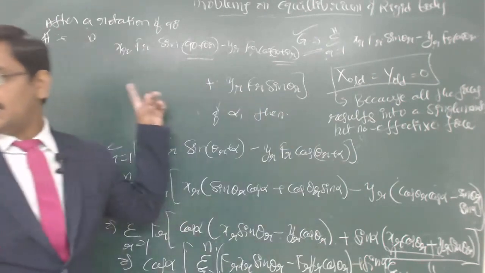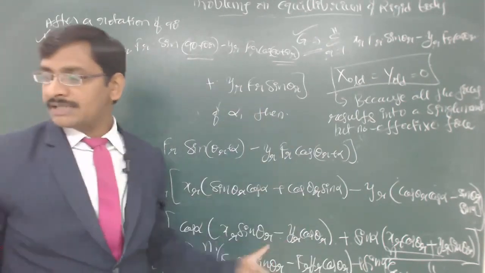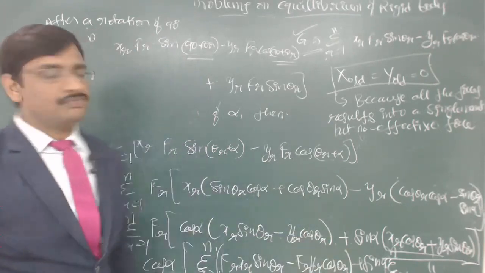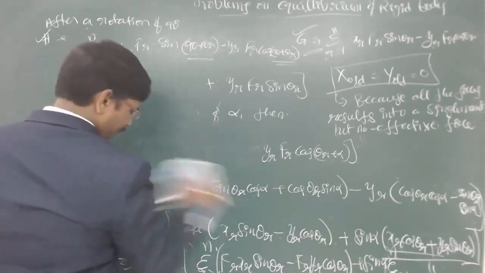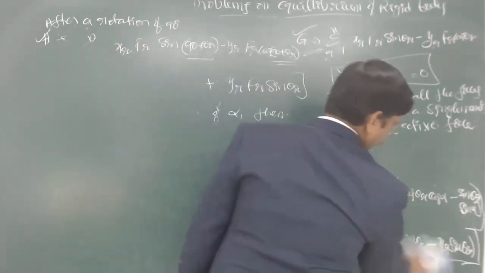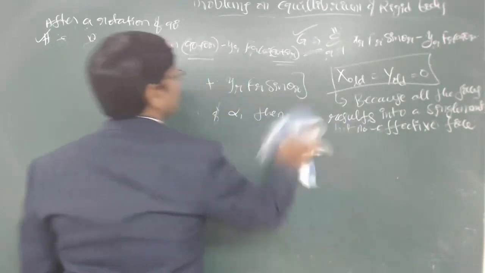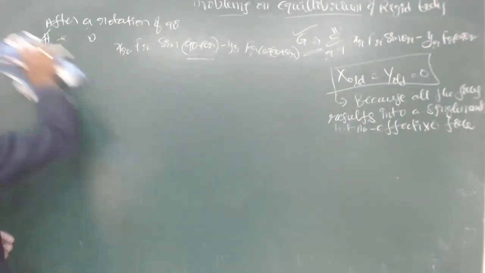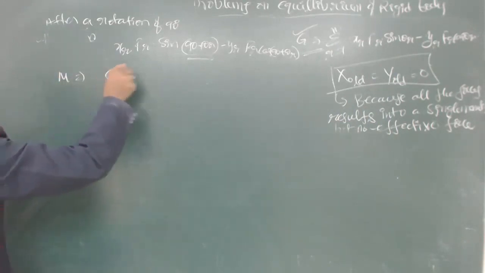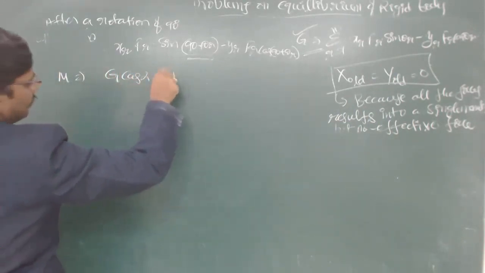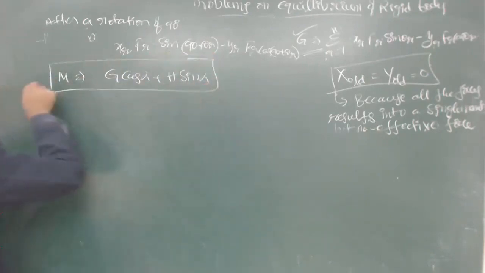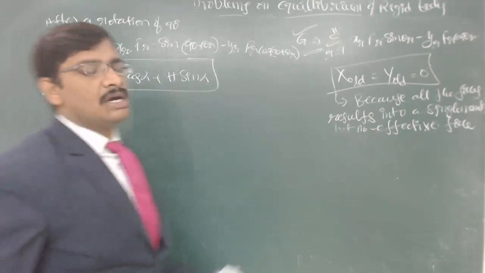Now this resulting moment M can be treated as cos alpha into G plus sin alpha into H. Got it? So M is equal to G cos alpha plus H sin alpha. This is the resulting moment. That is what he asked us to prove.